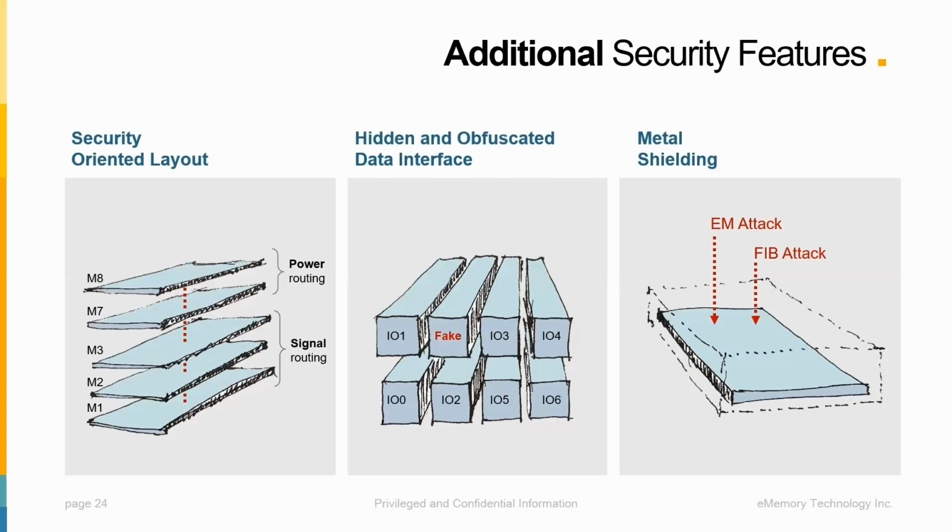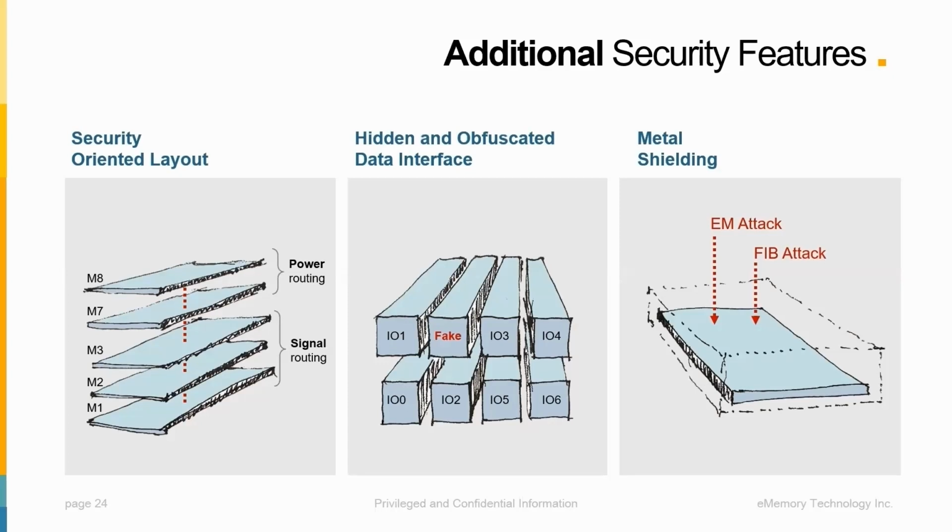Last but not least, we have metal shielding. Since our IP does not require all of the metal layers to complete our signal routing, we can reserve one or more layers to implement a metal shield. This feature is used to prevent critical signals from being leaked by electromagnetic waves, or to increase the difficulty for side-channel attacks.